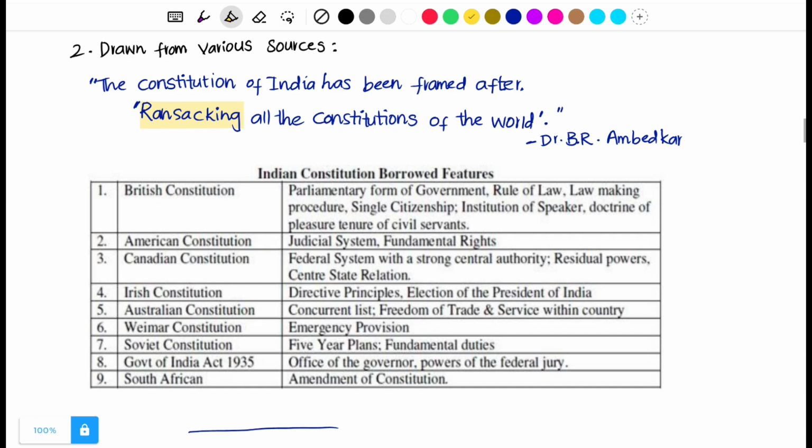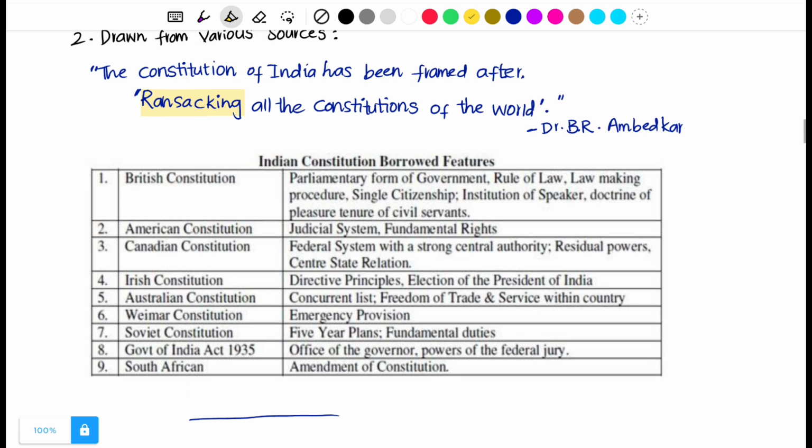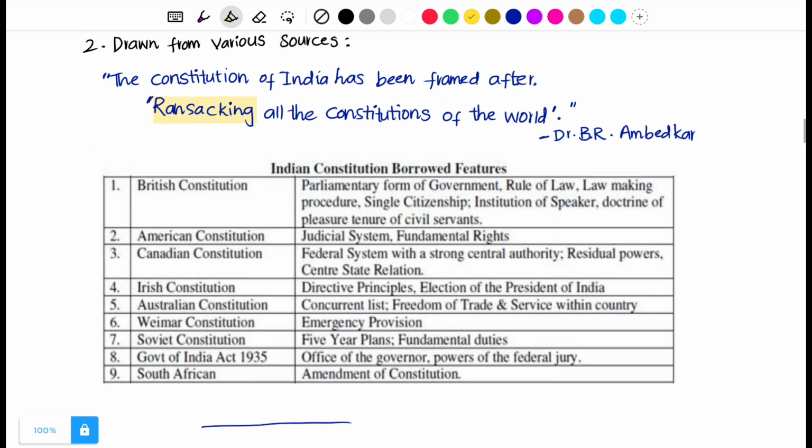In this table we have here, it is a detailed table. When you look at the table, there are a lot of provisions that have been borrowed from other constitutions or other countries. For example, the fundamental rights, which are a favorite topic to everyone, are borrowed from the American Constitution. The directive principles of state policy are borrowed from the Irish Constitution.